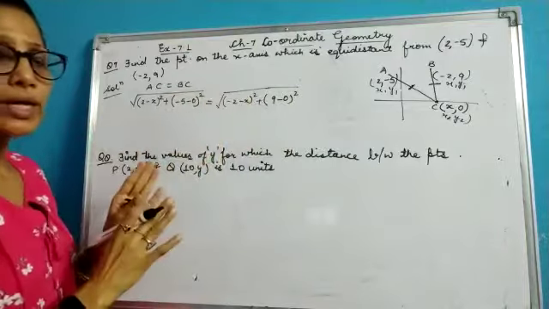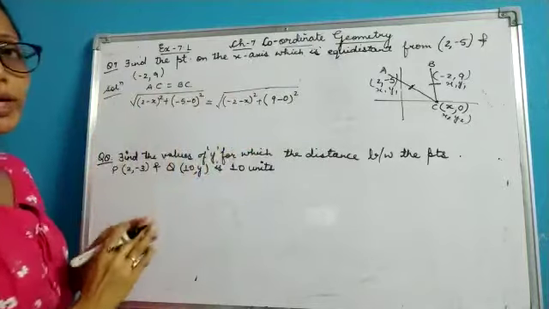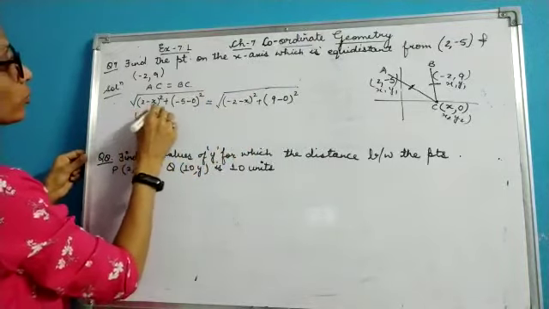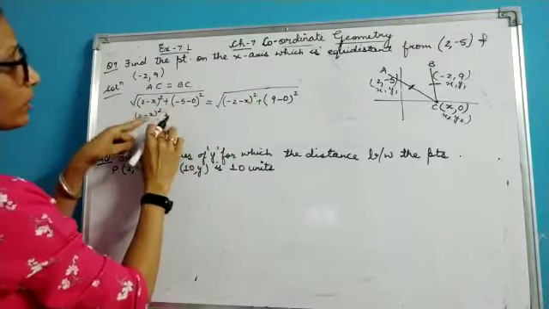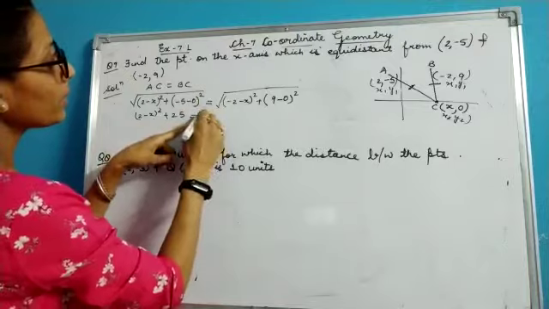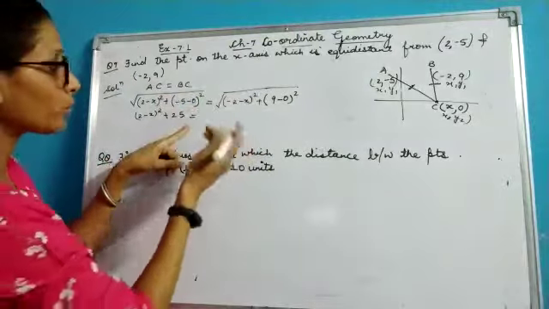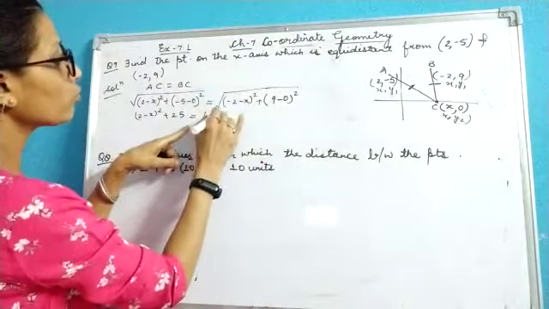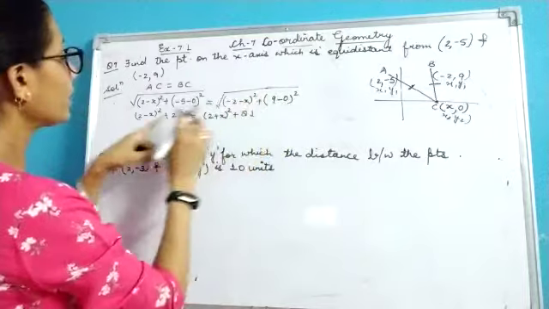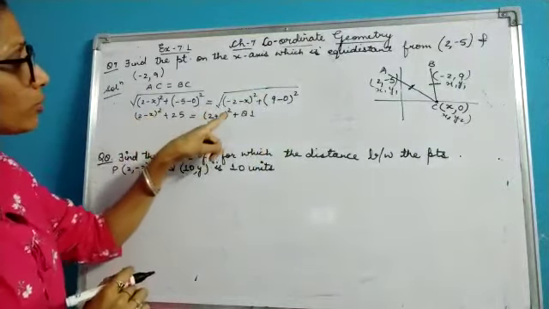We can take square on both the sides. So it will be 2 minus x whole square plus minus 5 whole square, which will be just 25. Again, minus I can take common and minus square will be plus only. So here I'll just get 2 plus x whole square plus 9 square is 81. Let's open it with the formula a minus b whole square and a plus b whole square.